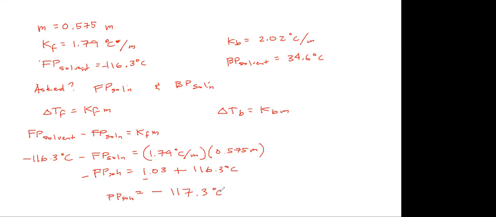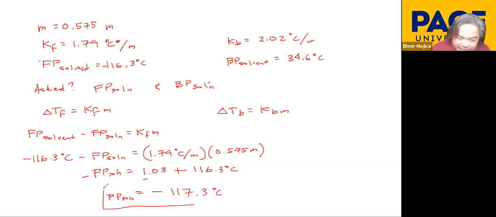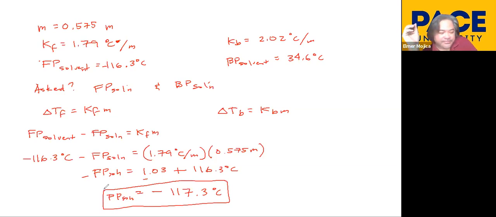Yes. Now, does this value make sense, that this is lower than the freezing point of the pure solvent? The only way for you to know that you're correct is that the freezing point of your solution should be lower than the freezing point of the pure solvent. So negative 117.3 is lower than negative 116.3.